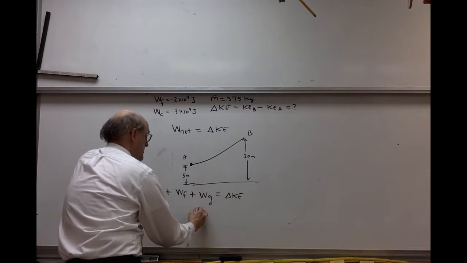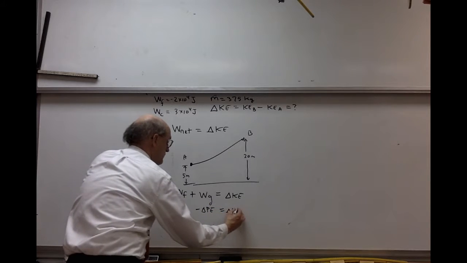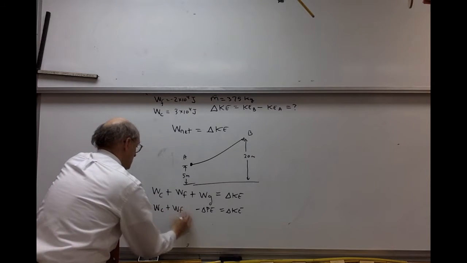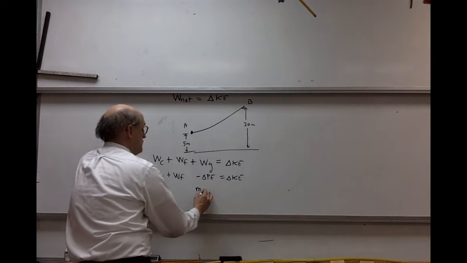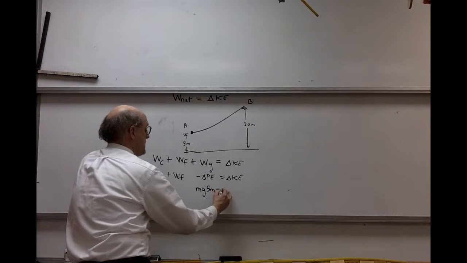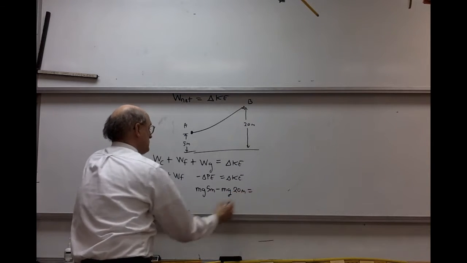Well, that's equal to the negative of the change in the gravitational potential energy. Which is equal to mg times 5 meters minus mg times 20 meters.